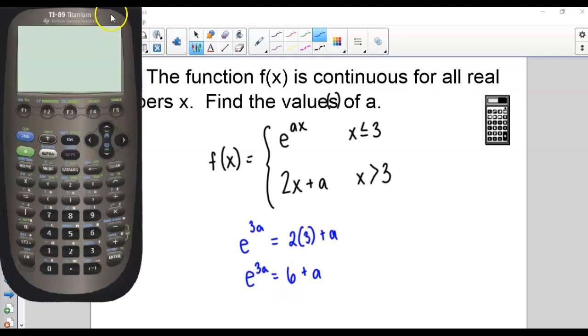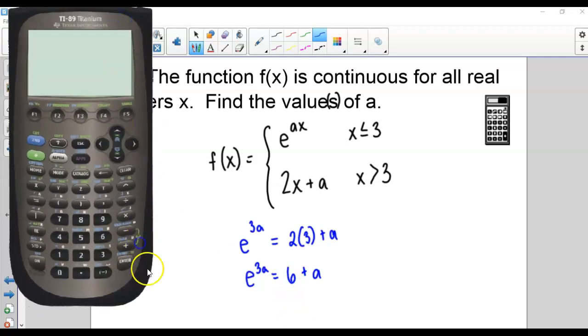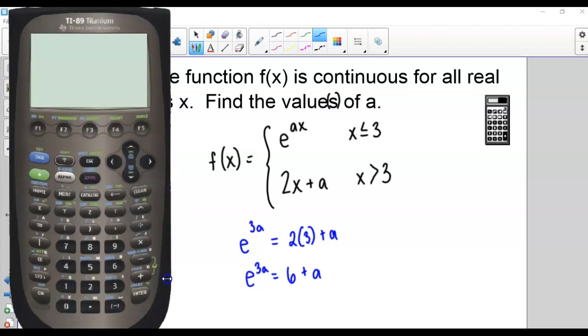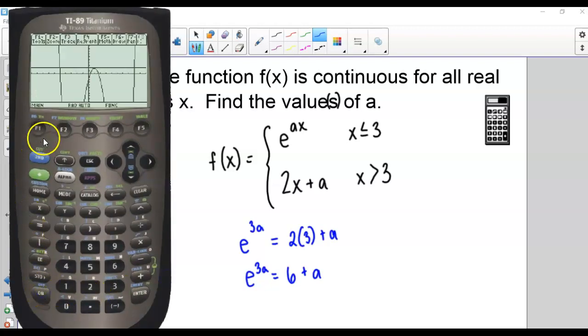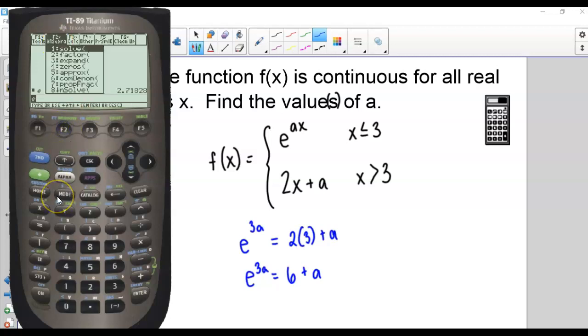So if you look at your calculator, there's a good reason we don't let you guys use these calculators whenever you're in lower level math, because watch what it will do. This is crazy. You're going to pick F2, which is algebra, and then number 1 there is solve. Okay, so I'm just going to type into the equation. I am going to use an x instead of the a just because it's easier to type, but it will still solve it if you type it in with an a.